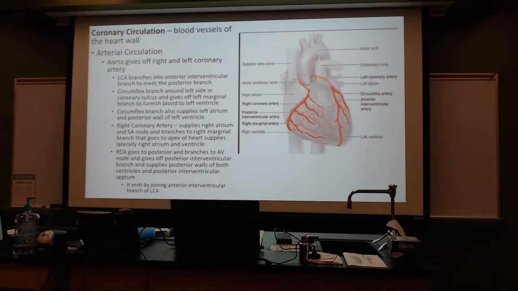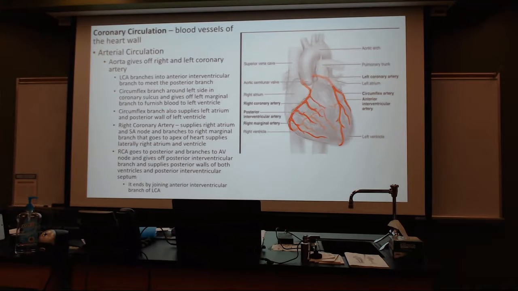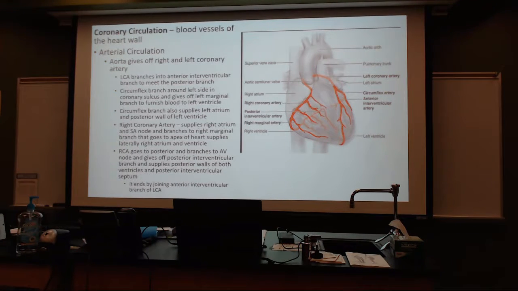Apex points a little to the left, okay? These are termed my great vessels. One of the things we want to remember: any vessel that takes blood away from the heart is an artery. Anything that brings blood back to the heart is a vein.